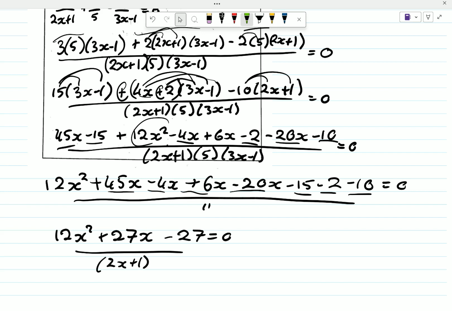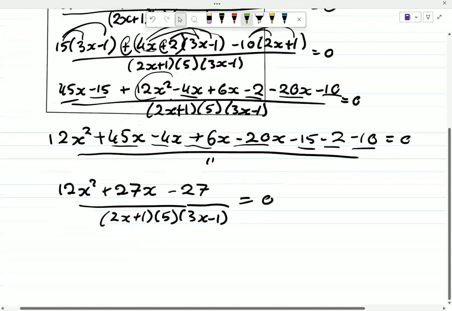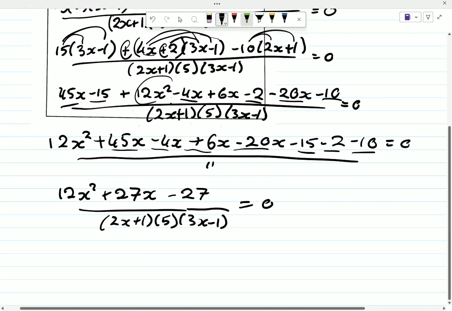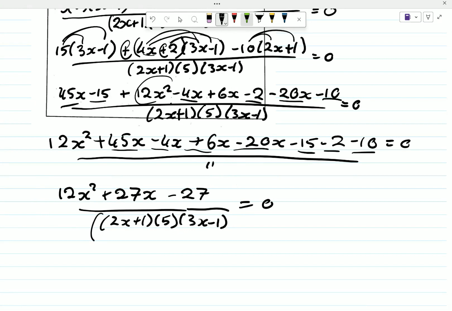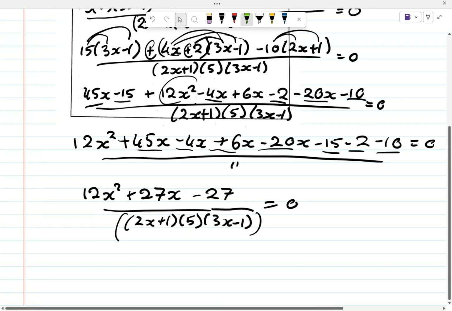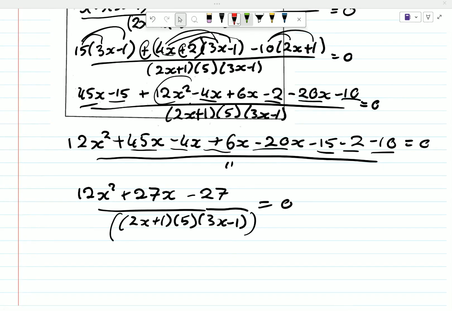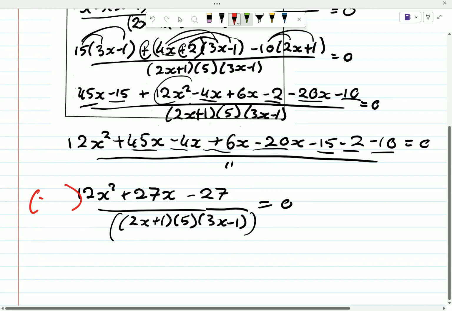And now I'll rewrite all this because we're at the end. 3x minus 1, all of that equal to 0. Now, like we were doing before, to get rid of fractions, we can just multiply both sides of the equation by whatever is on the bottom of this line. Sorry, it's not writing for me.